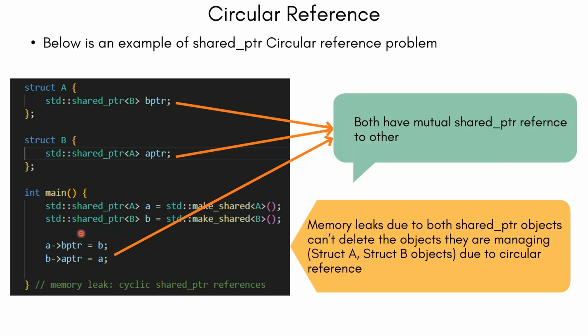But here the problem is both have a shared pointer to the other. This is called circular reference. Due to circular reference, even though the shared pointers are out of scope, they mutually refer to each other, so nothing will be deleted. Both objects will remain in the heap, which leads to a memory leak. To avoid this, we can use the weak pointer. We'll see how to do that.